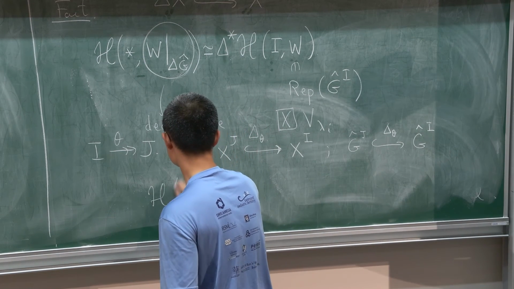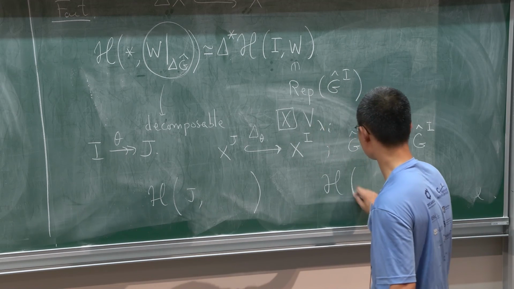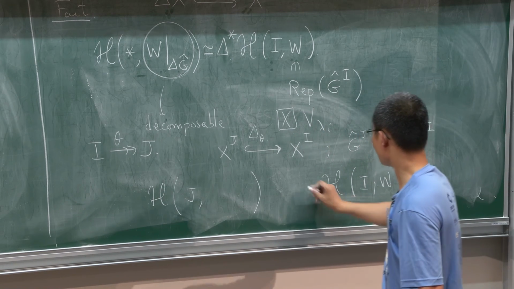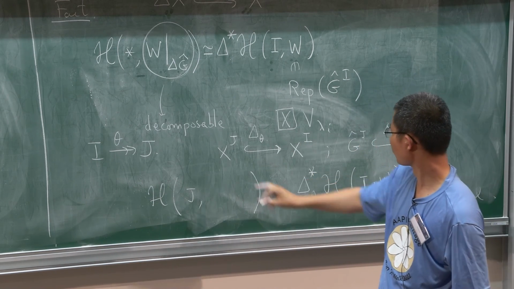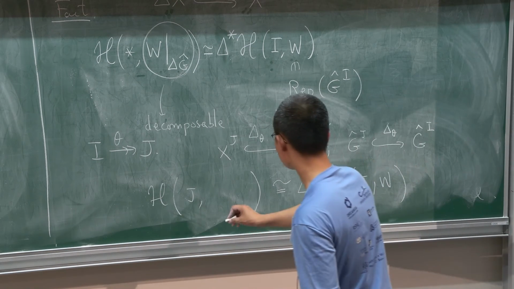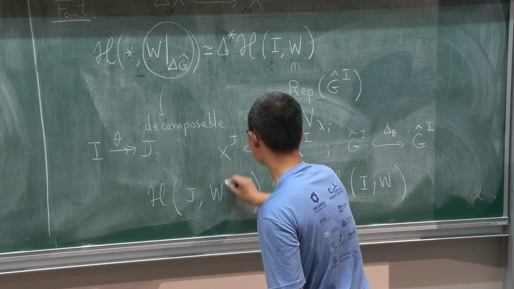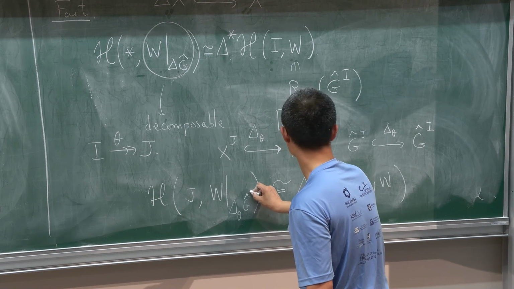And you have a similar isomorphism. So you start with H I W, restrict to the partial diagonal of the curve. That's canonically isomorphic to H J for the representation W restricted to the partial diagonal of G hat.